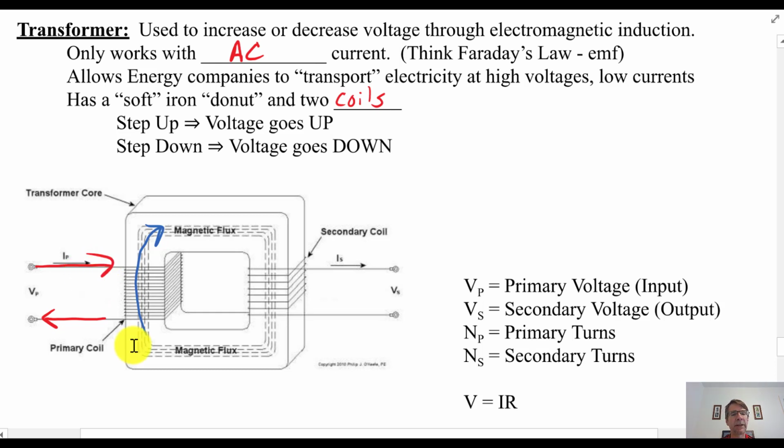I think this bottom wire, they didn't really show it right. It should be coming out from behind that coil. But I'm not going to test you on the directions. The main thing is the direction changes on this iron core. So as this top current goes to the right, the magnetic field goes this way, and it's like putting a magnet down into that coil.